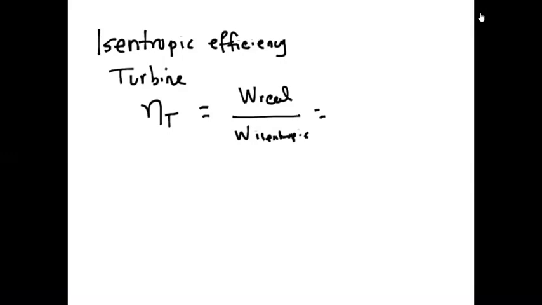Now, the real work in a turbine, since we're getting rid of all the kinetic terms and potential terms, has to deal with some change in enthalpy with some heat.